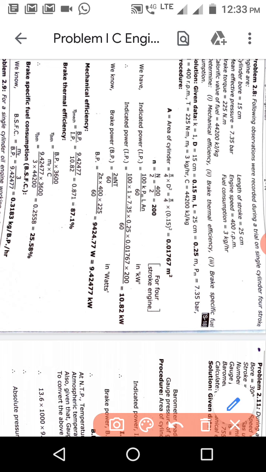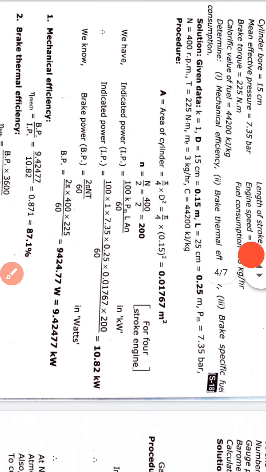So whenever the pressure is given in bar, we'll use this formula: indicated power is equal to 100 into K into mean effective pressure into stroke length into area of piston or area of cylinder into number of working strokes, divided by 60.